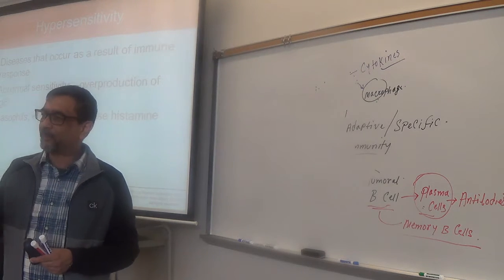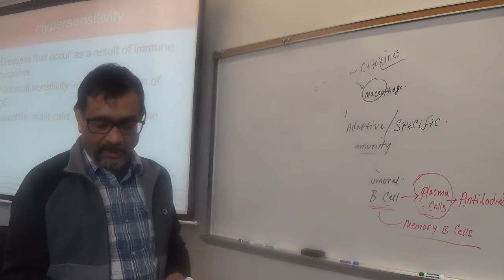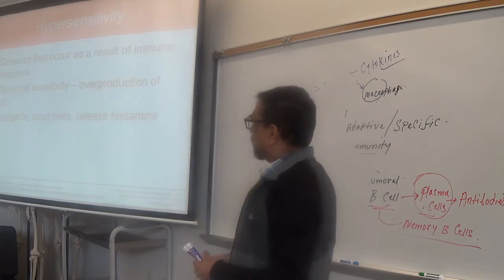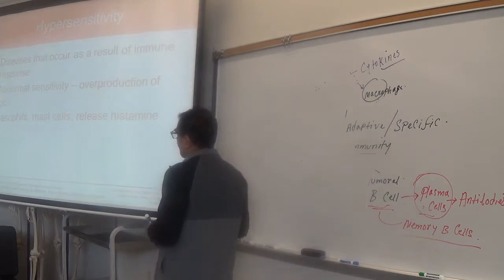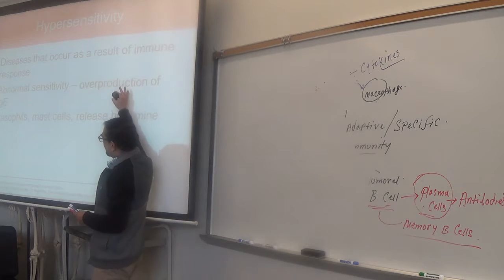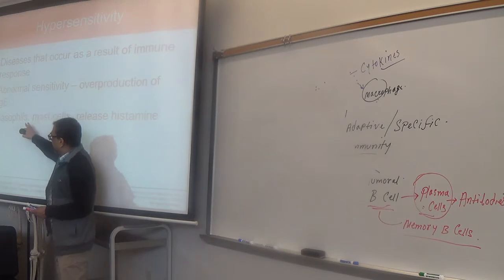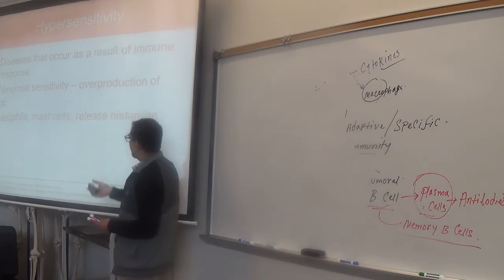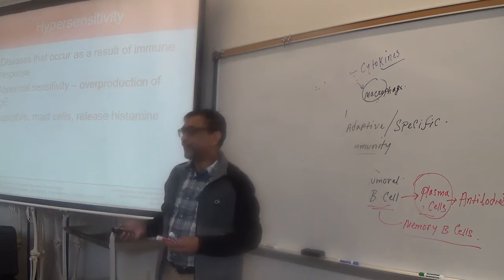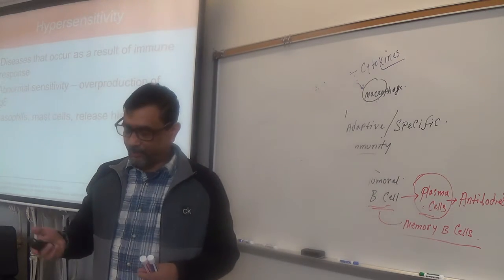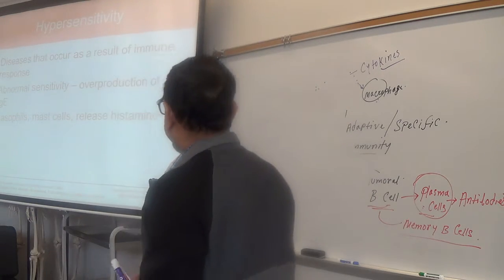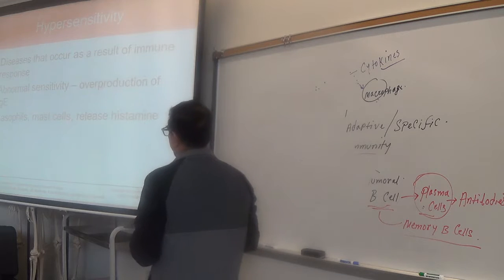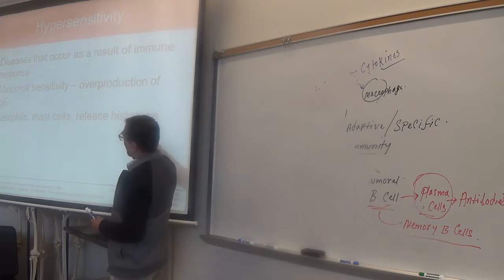There are more than 5, but 5 are very important, and this is one of them. So overproduction of immunoglobulin E does what? It stimulates the basophils, mast cells, and then they release, as I mentioned in the last class, histamine, bradykinin, and serotonin. Histamine is the main one.